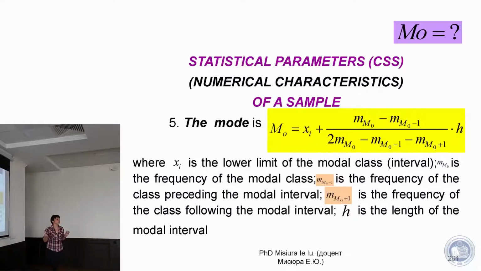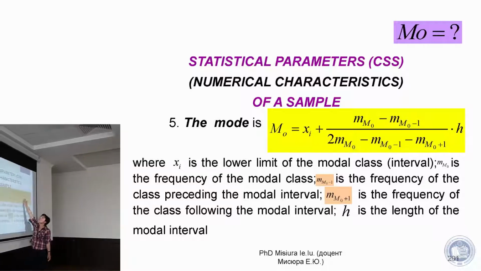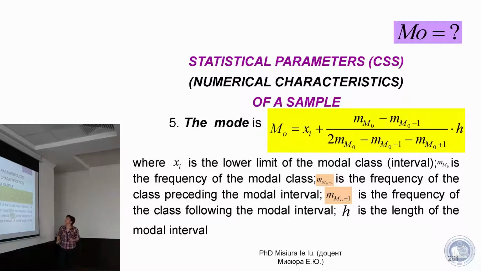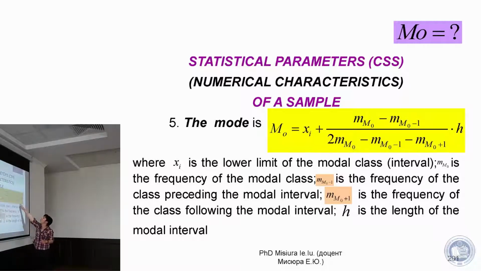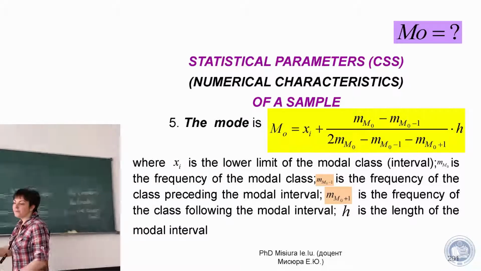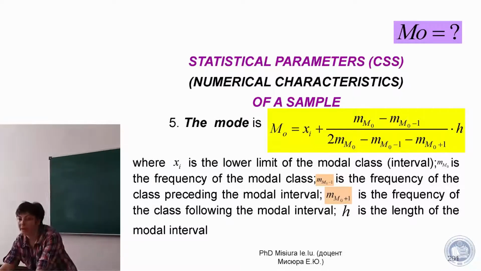Let's recall what mode is. Okay, yes, it will be the largest value of mi. Okay, how to explain m_Mo minus 1? It's the frequency of the previous interval. How to explain m_Mo plus 1? It means the frequency of the next interval. That is, the previous one, the modal one, and the next one. Okay. And this fraction multiplied by h.